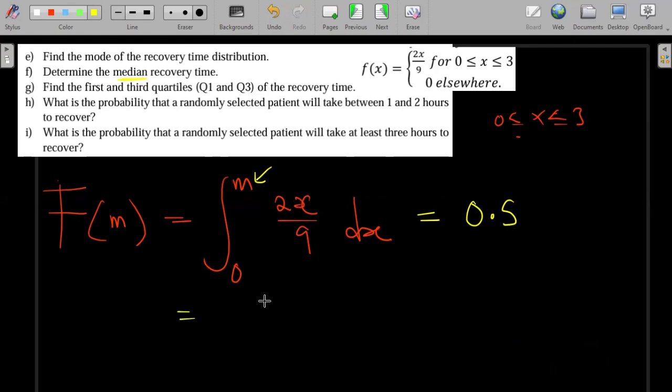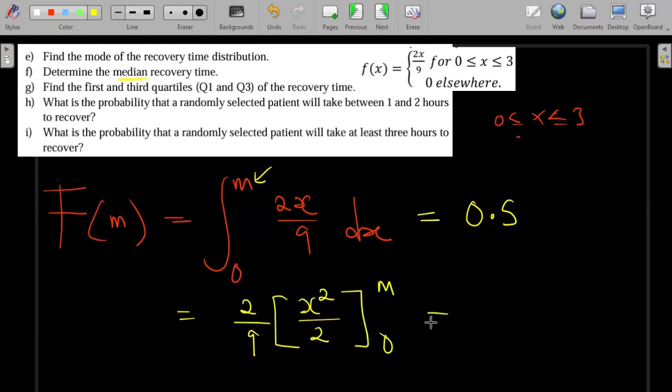From our previous question, the integral gives x squared over 2, evaluated from 0 to m. This should equal 0.5. We put 0.5 here because we're finding the median, the middle number.